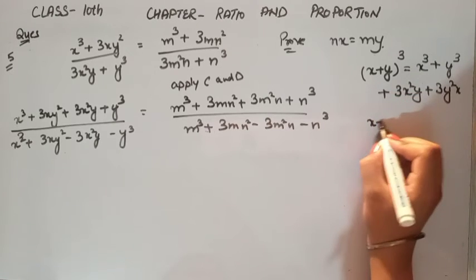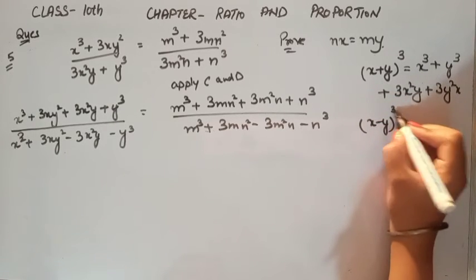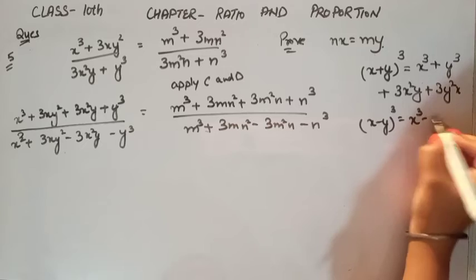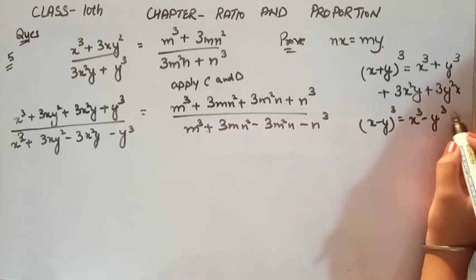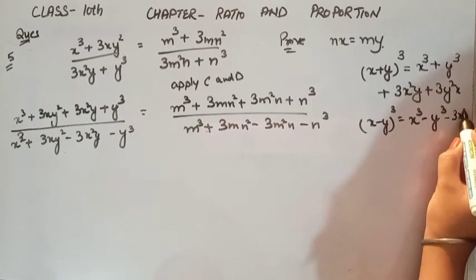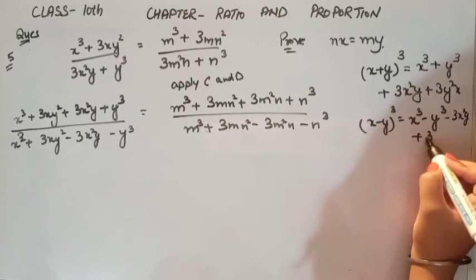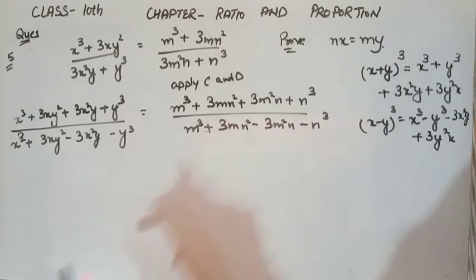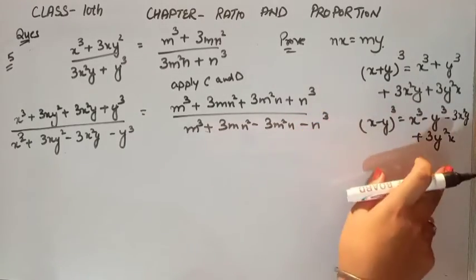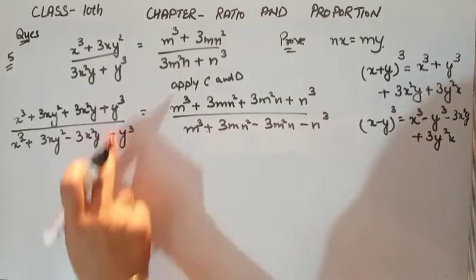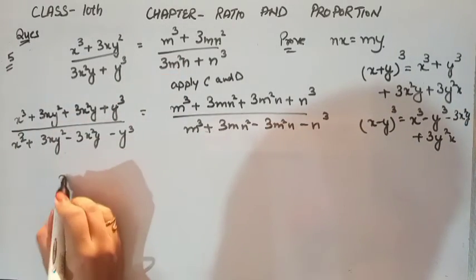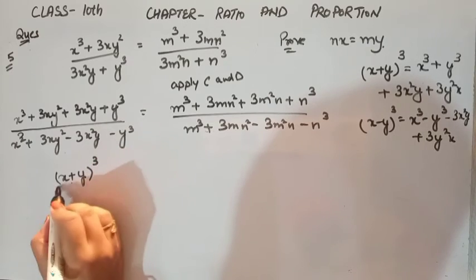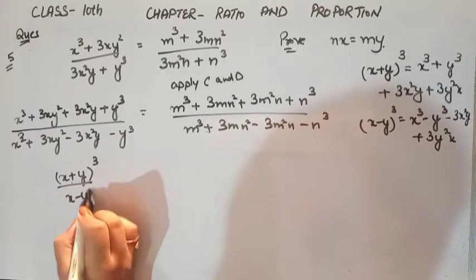And for minus, what is it? x cube minus y cube minus 3x square y plus 3y square x. This is the formula, and we resemble these two terms with this. So we can rearrange it as x plus y whole cube upon x minus y whole cube.